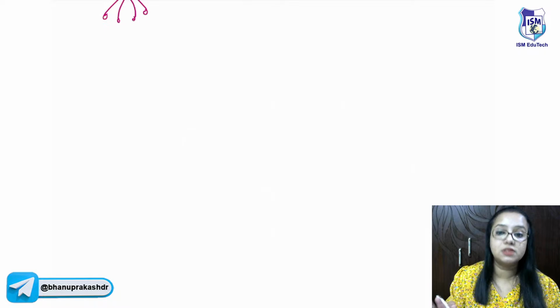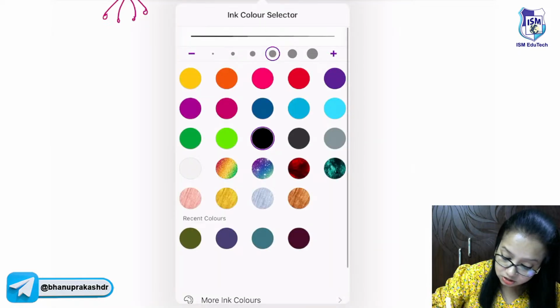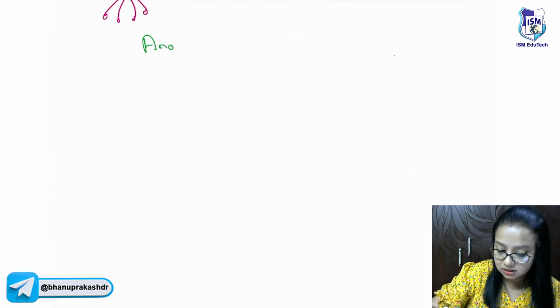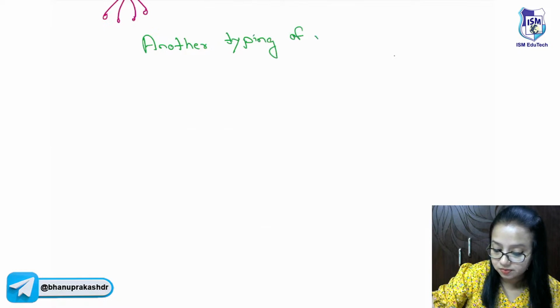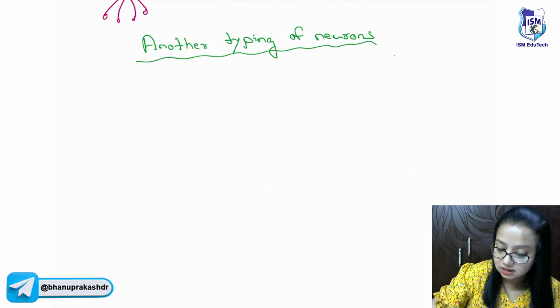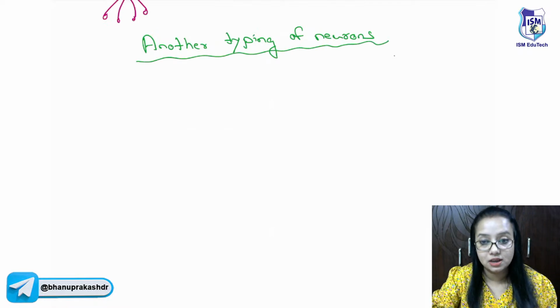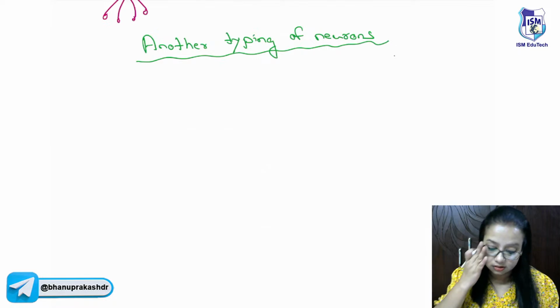Now, these are the types of neurons depending on the position and location of the cell body. Another type, not again a classification, but a typing of neurons, depends on their shape, diameter, and function.